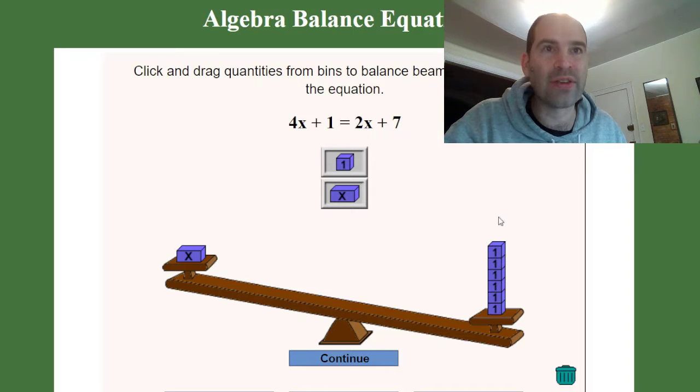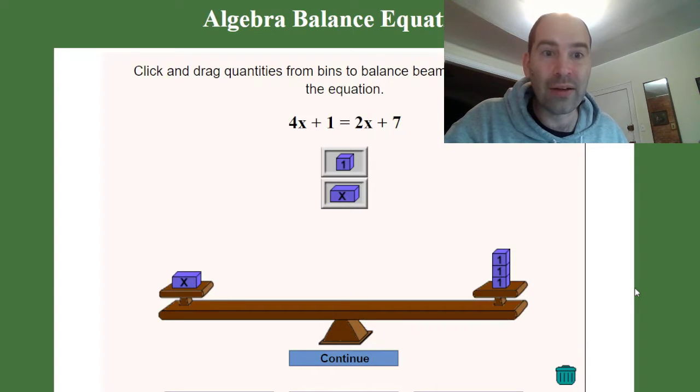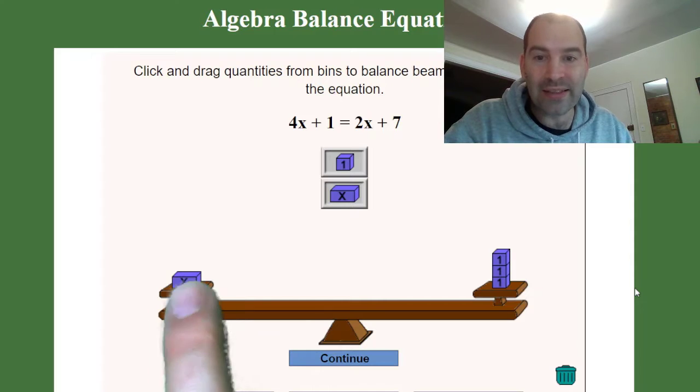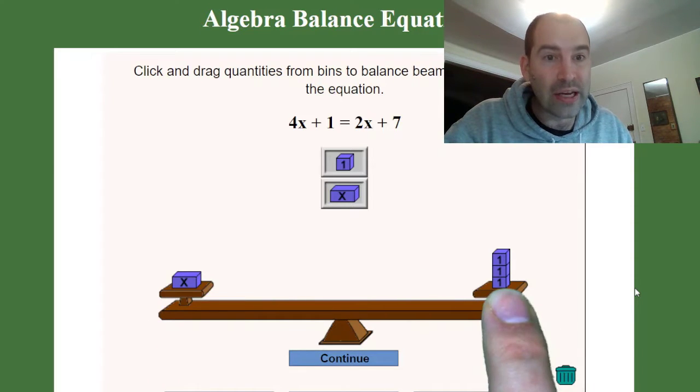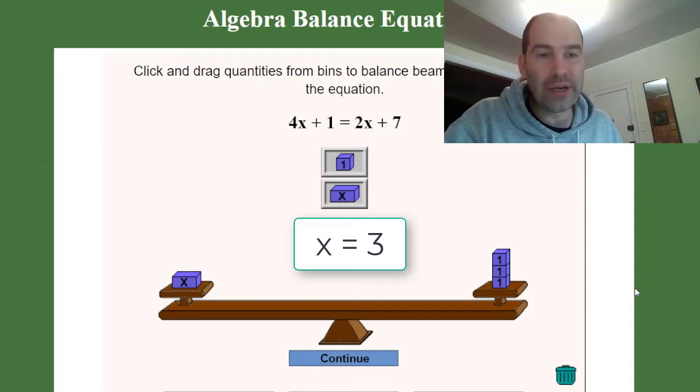So I have 6 1's, so that means I'm taking away half of them. That's 3. And the scale is balanced because I took the same amount away from each side. And now we see what the value of x is. We see that a single x weighs 3. So x equals 3 is the solution to this equation.